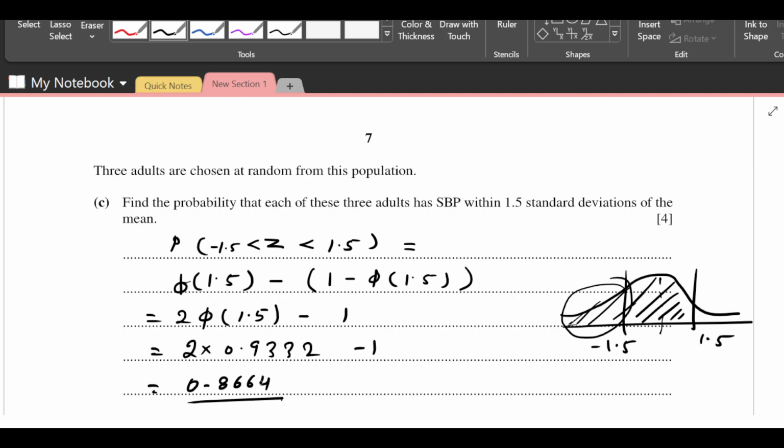So this is the required probability that each adult has SBP within 1.5 standard deviation of the mean.